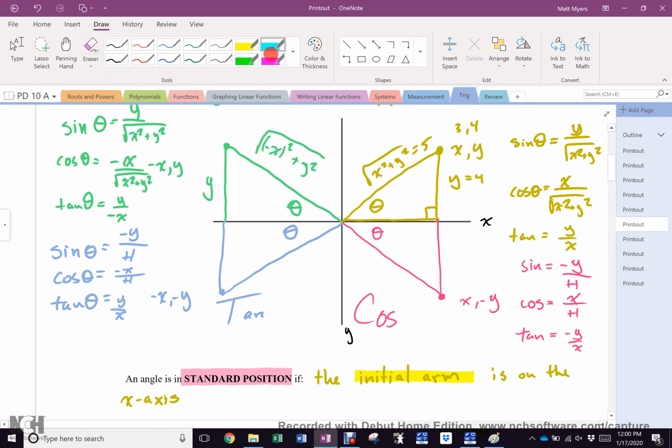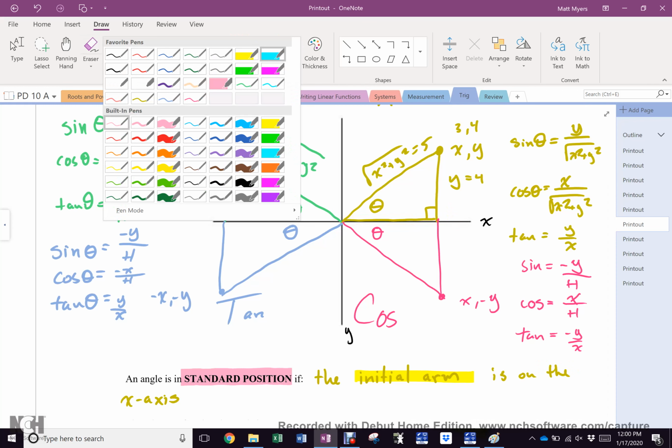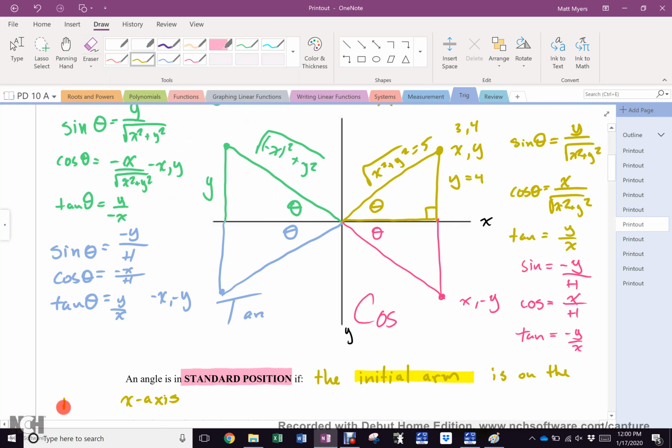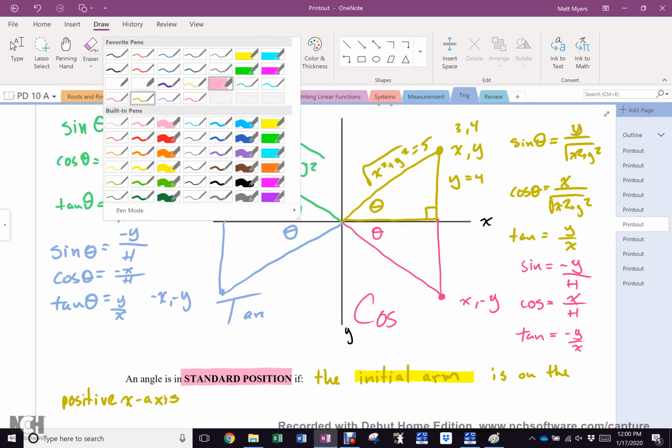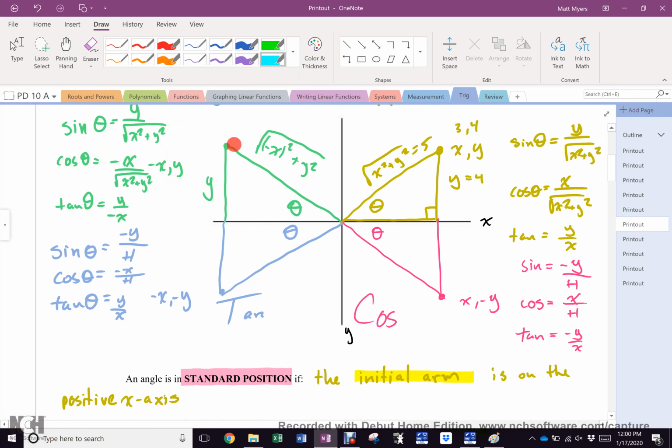If the angle I highlight has its initial arm on the x-axis, I forgot one part, on the positive x-axis, all right, is that angle in standard position? Just yes or no in your head. Don't say it out loud.